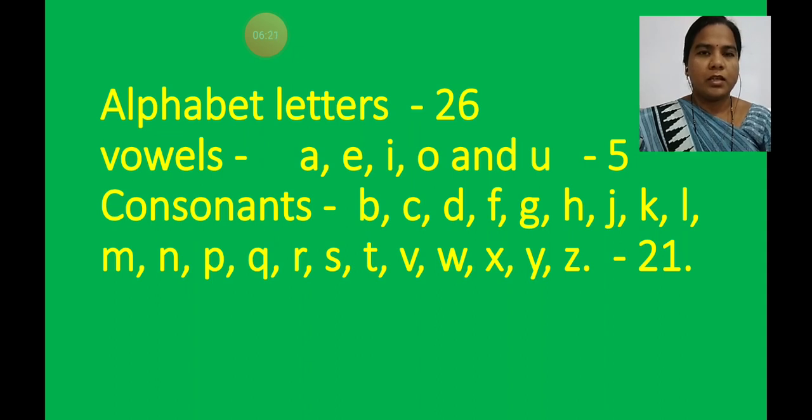If the word starts with A, E, I, O and U, that means if the word starts with a vowel sound, what do we have to use? An. And if the word starts with a consonant sound, at that time we have to use a. Hope you are getting it, children.